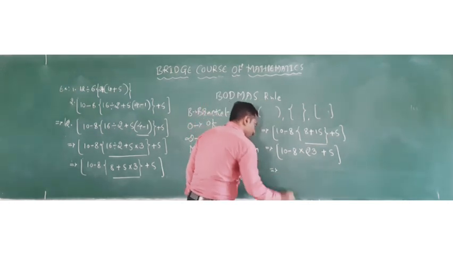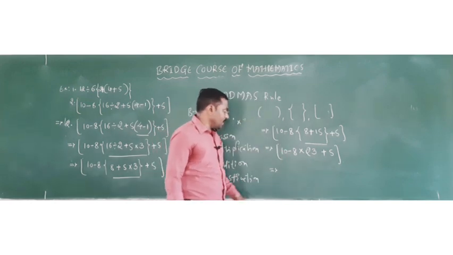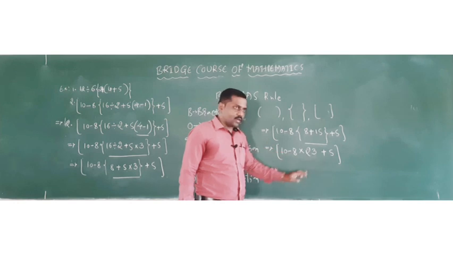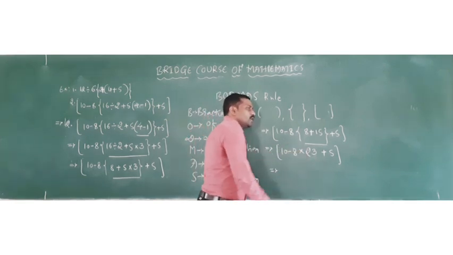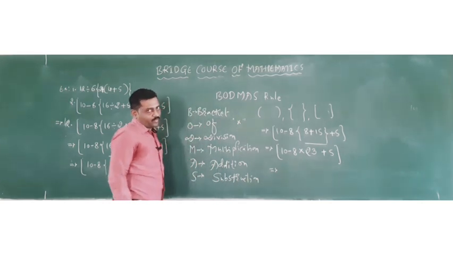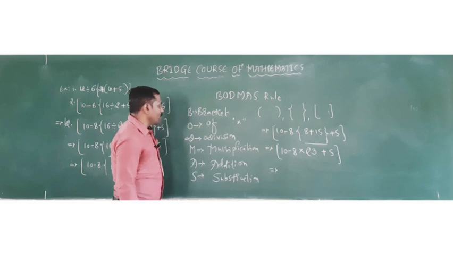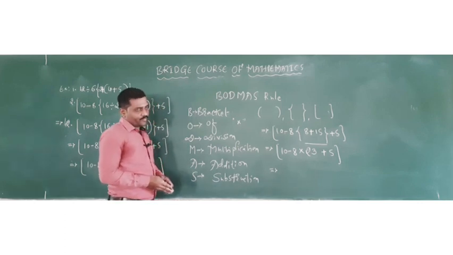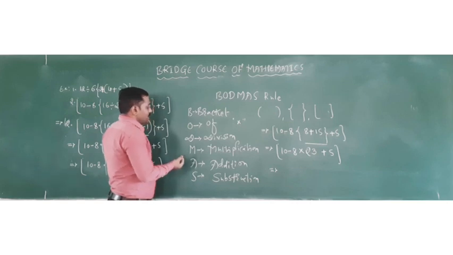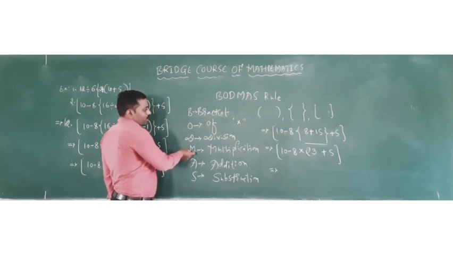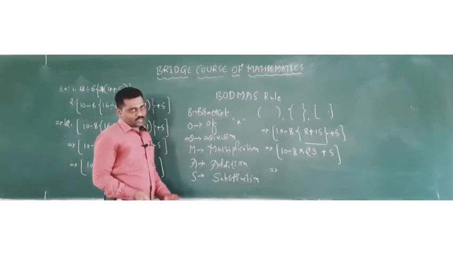Then within the square bracket there are three operations: addition, subtraction and multiplication. By the BODMAS rule, we follow the order. So the first operation is what? That is multiplication. Then we go to addition and subtraction.